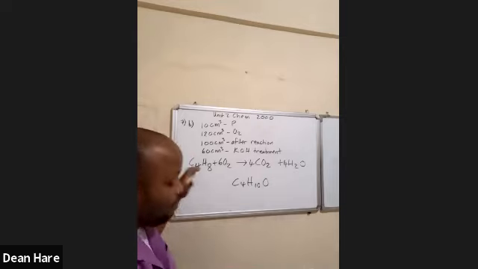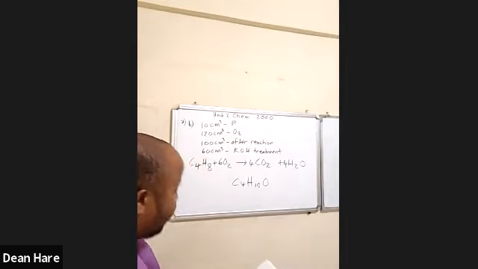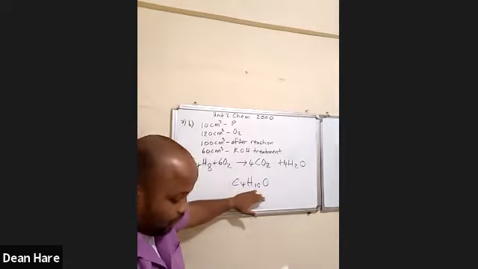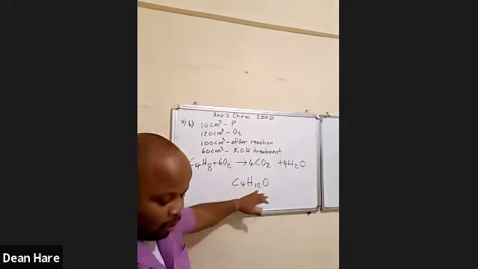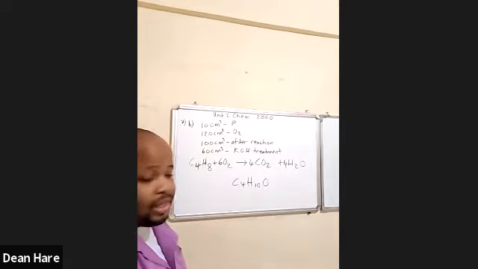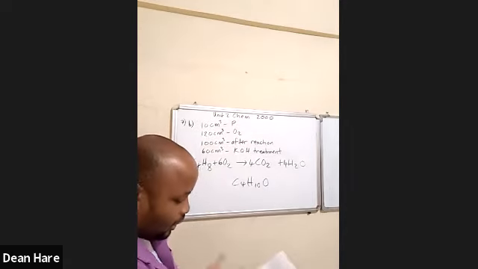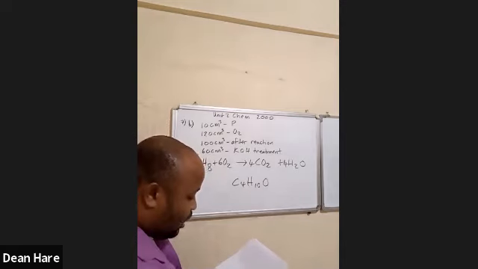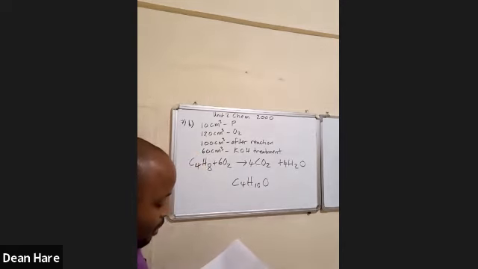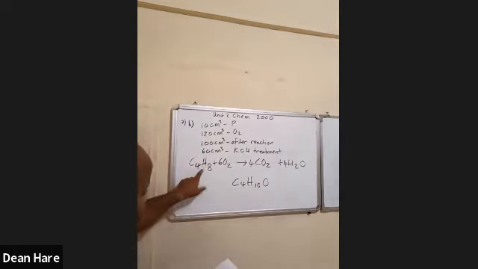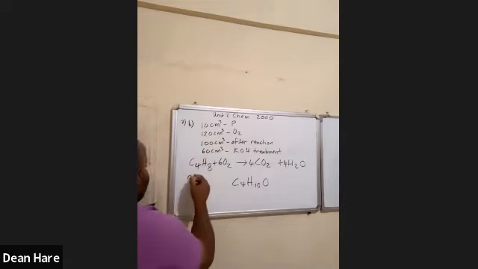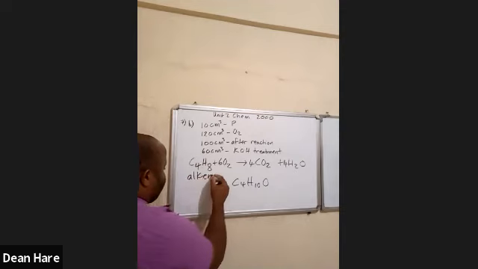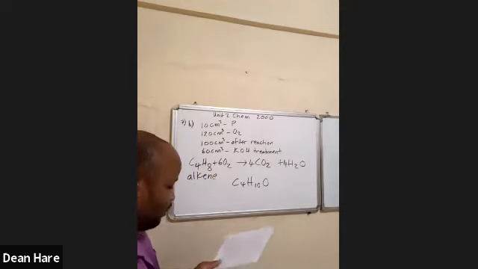Because it's an isomer of P. So Q on hydration produces 2 compounds. So we know both of them are alcohols. One undergoes oxidation readily, one resists oxidation. And then the first question asked was to determine the molecular formula of compound P and its homologous series. So we know that it belongs to the alkene homologous series.